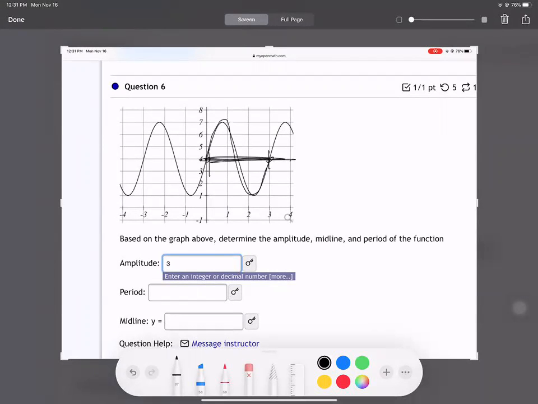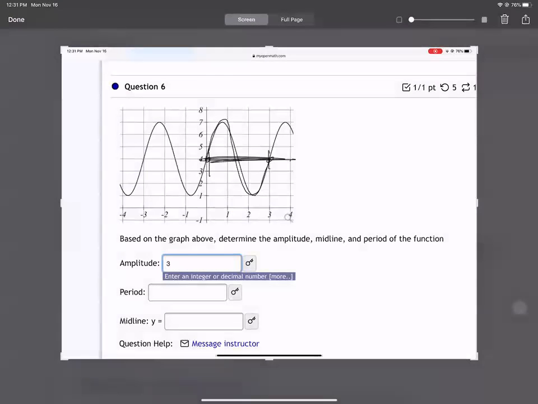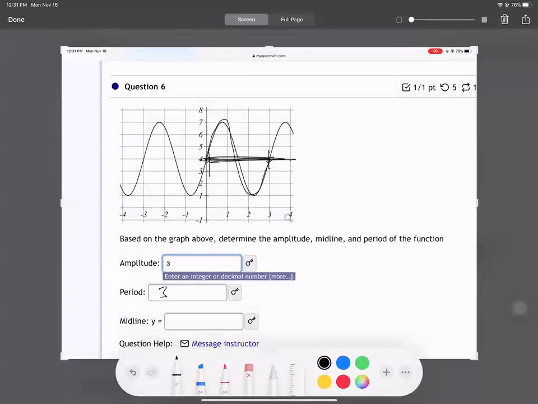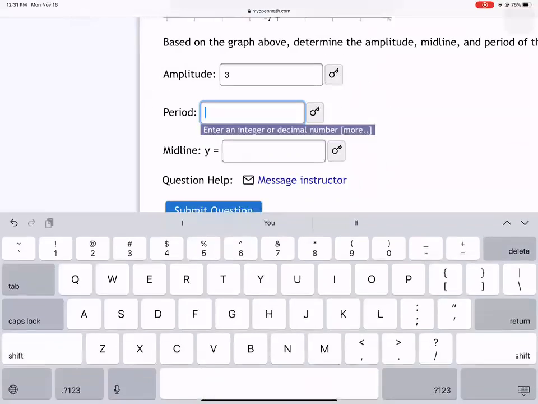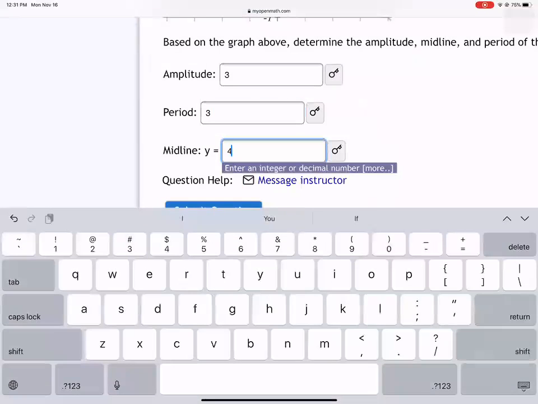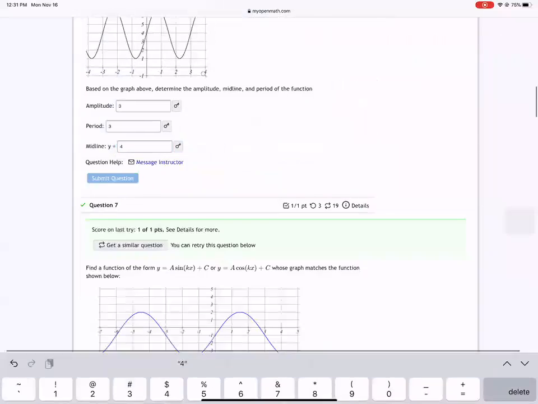Don't overthink it. There's no pi needed. The midline, what's the center of the graph? That looks like 4. 4 to 7, 4 to 1, both 3 spaces. That's how easy this question could be. Will you get a lot of easy questions? Not necessarily, but all these questions help you with figuring out how to graph.